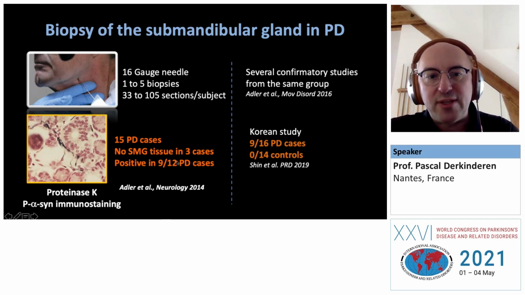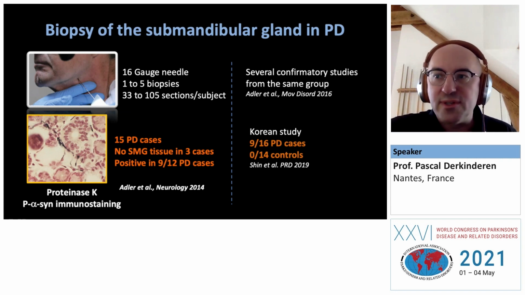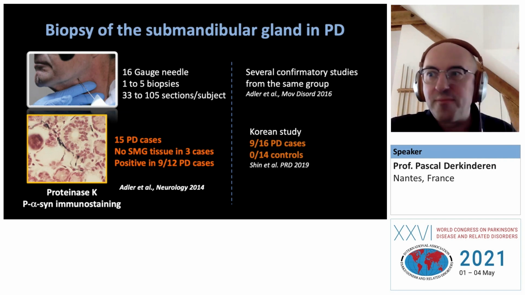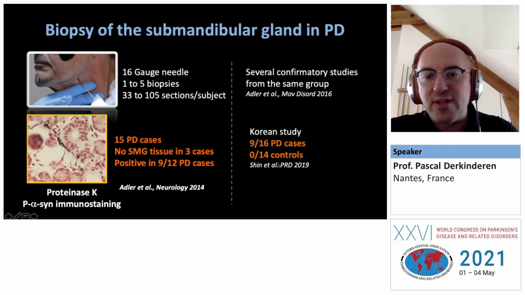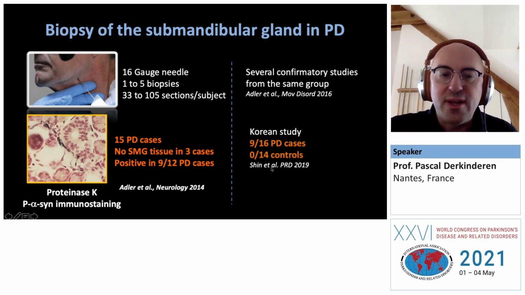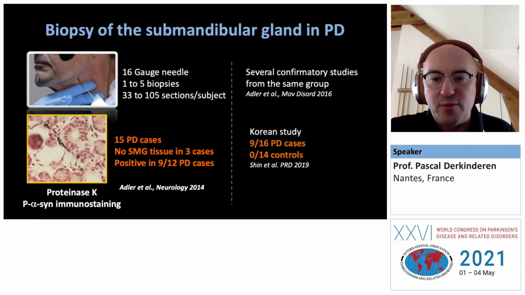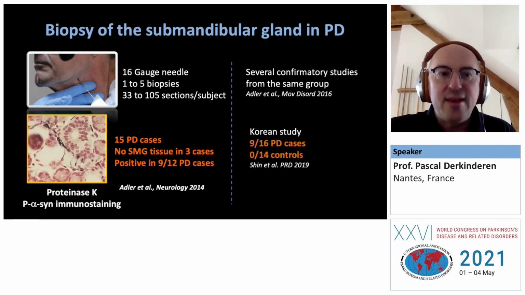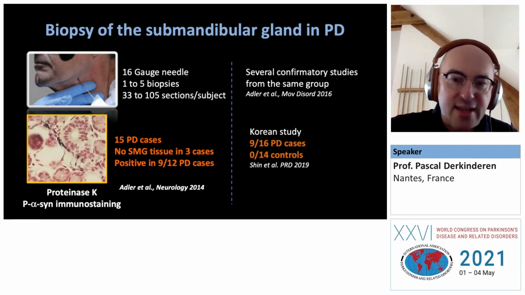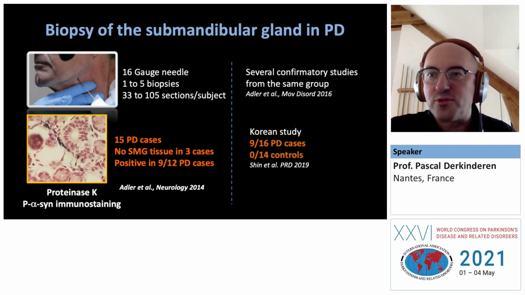It should be mentioned that they were unable to retrieve tissues in 3 cases. They further confirmed these findings in several subsequent studies, and more recently, a Korean group also showed that it was possible to detect ASH or PSH using this approach.